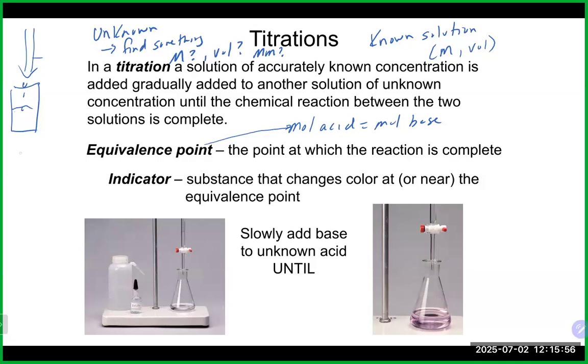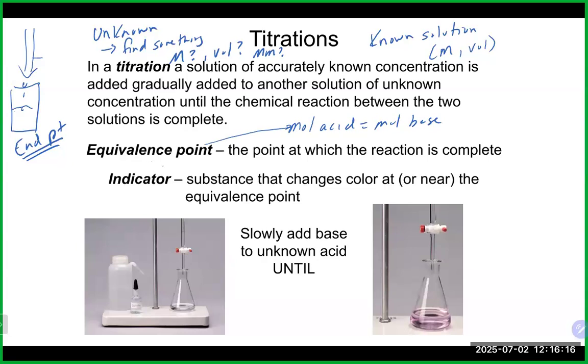That's not to be confused with what's sometimes referred to as the endpoint of a titration. The endpoint of a titration is where you decide to stop your titration. And if you're doing a good titration, then hopefully your endpoint and your equivalence point should be pretty close to each other.